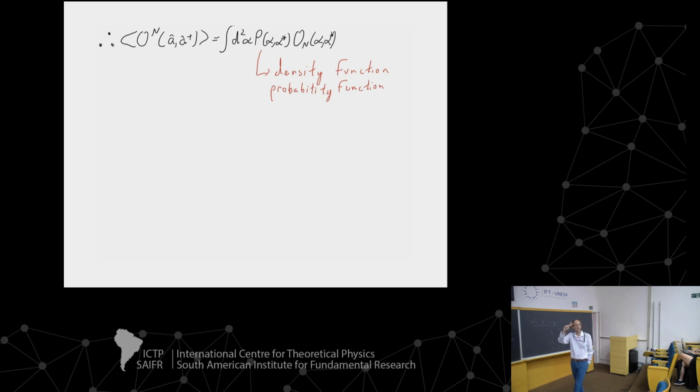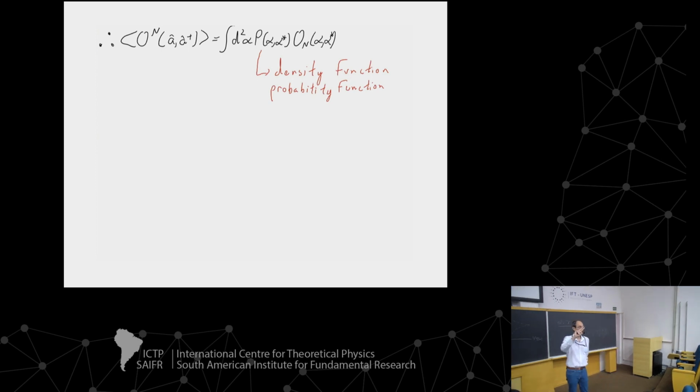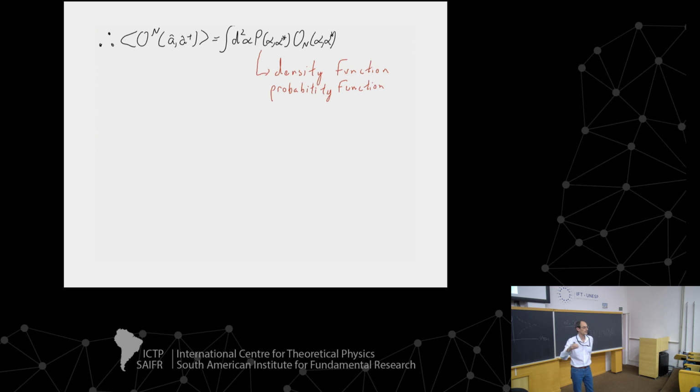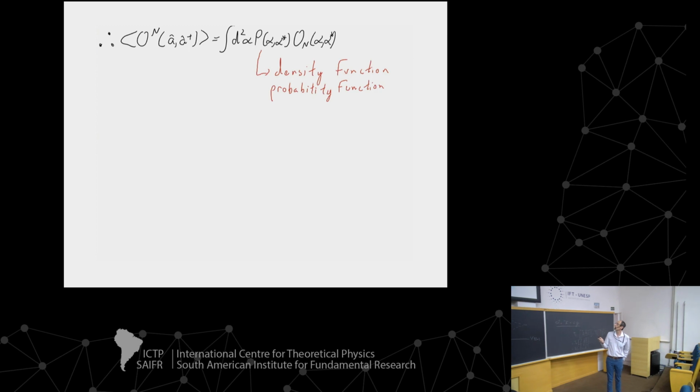You see that you have changed from operators calculated involving a trace in a matrix into something that involves a function weighting the expectation, weighting the value of the function that you want, calculating it on every point of space with this weighting factor, as if it were a density function or a probability function.